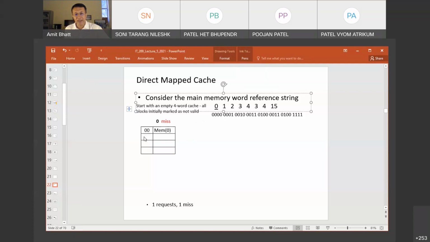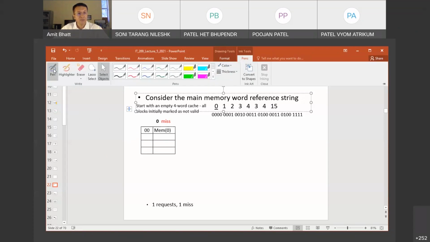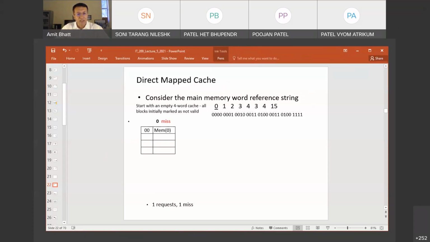It can sit only here, right? Why? Because index wise, for your own understanding, you can write 0001. And of course, as we know, the index bits are the last 2 bits. So here are the last 2 bits. So this is all index.